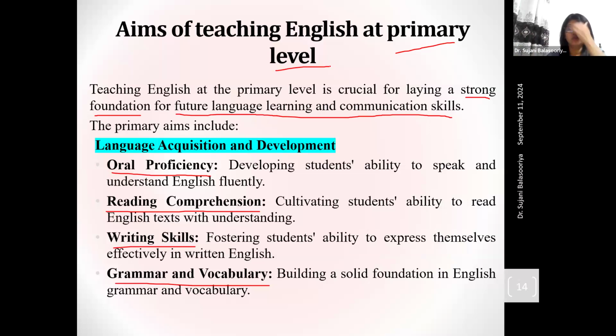So now, the activities vary, right? The activities and the exercises the English teacher is giving to the students, they vary according to the level, right? Primary level and secondary level, higher level. The teacher does not give the same activity. So these activities should match the level of the learner.